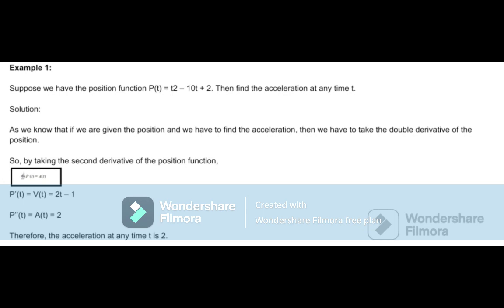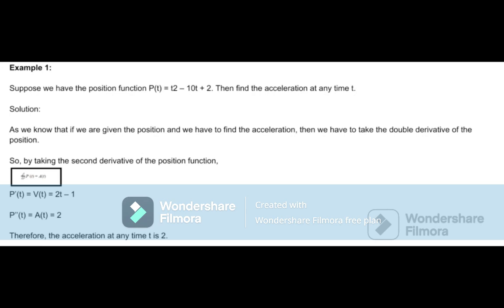So here are some examples. We are given the position function x(t) and we need to find the acceleration at any time t. And here we have the following formulas, which are used commonly in physics.